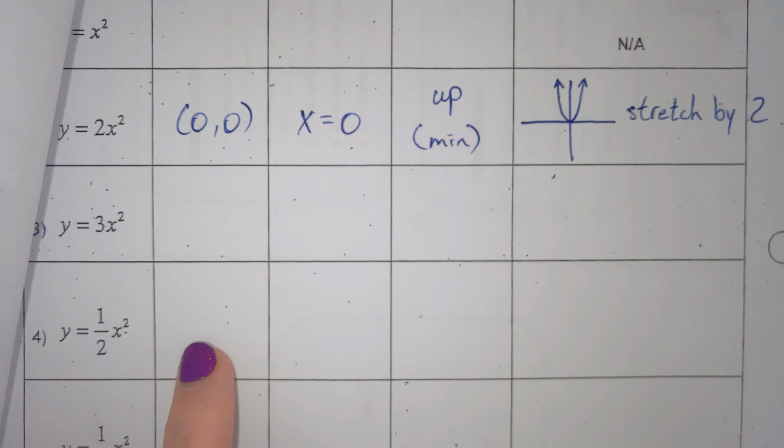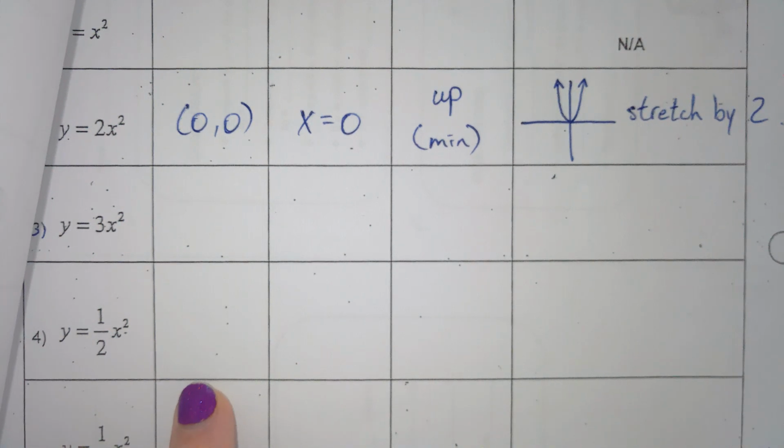Alright. What if it's a fraction? So the opposite of stretch, it gets bigger, fatter. But on the test, do you say my parabola got fatter? So 1 over 2. Yeah, it's wider.